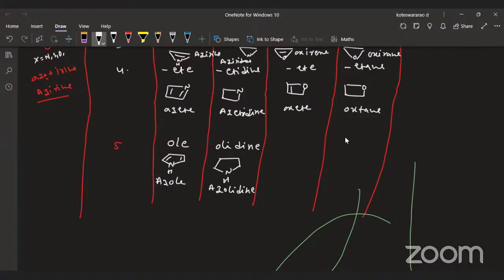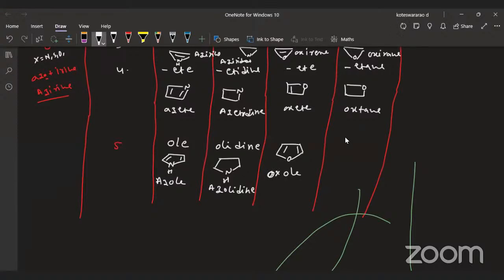Right. Next. If it is without nitrogen, that is a heterocyclic compound, but nitrogen is absent, other heteroelements are present. The 5-membered ring furan. The common name of the compound is furan. Now, it is oxole.